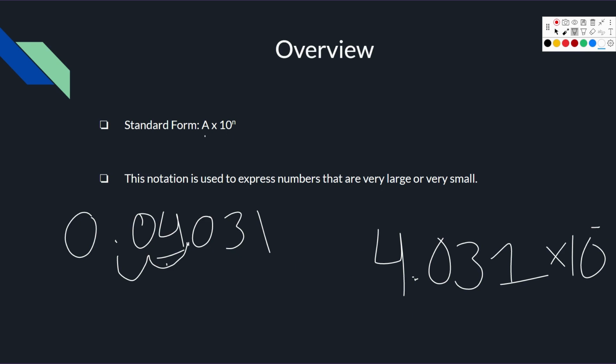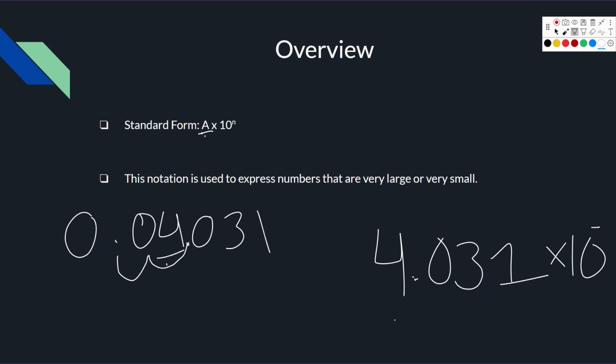So these can be quite simple, but the main thing to remember is that once you have any numerical values that aren't zero, they have to be included in this A. A is basically whatever you have before the multiply by 10 to the n part.